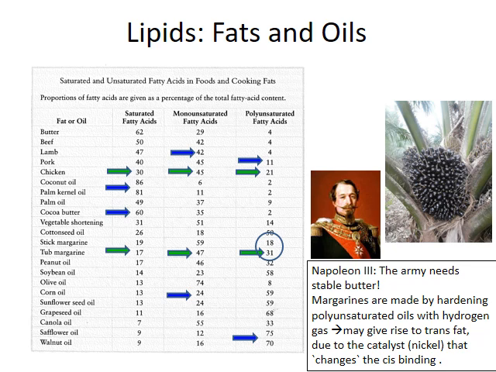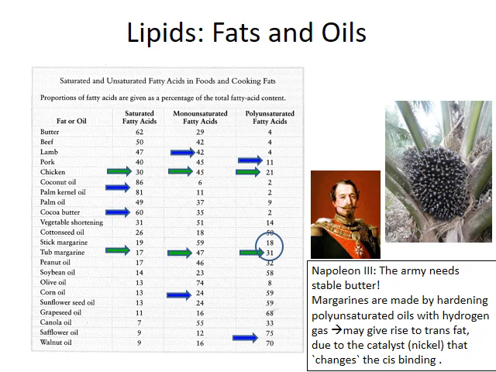When we look at butter, you see there's a lot of saturated fatty acids, but also monounsaturated and polyunsaturated. Now, when we look at coconut oil, palm kernel oil or cocoa butter, what we see is that these contain a high amount of saturated fatty acids.